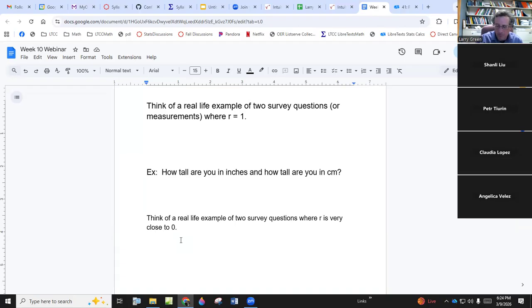So you can come up with one where R is very close to 0. Let's see if you can put it in the chat box. So think of two survey questions where R will be very close to 0, or two measurements. So a 0 correlation, or really close to a 0 correlation.